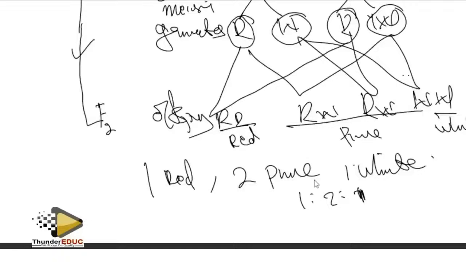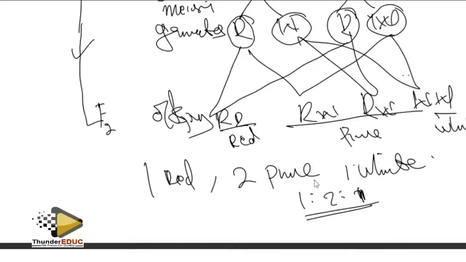Some people, when they ask them the ratio, write expression, and sometimes when they ask you the expression, they write the percentage. So when they ask you the ratio, please write the ratio.